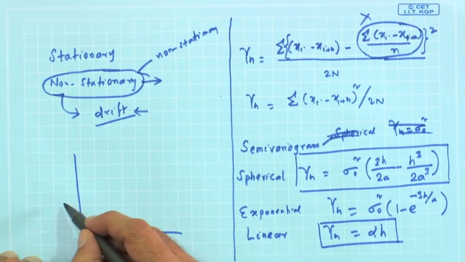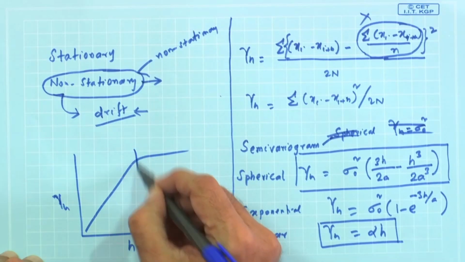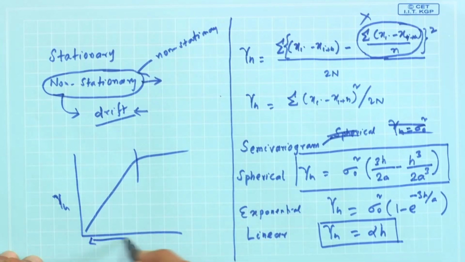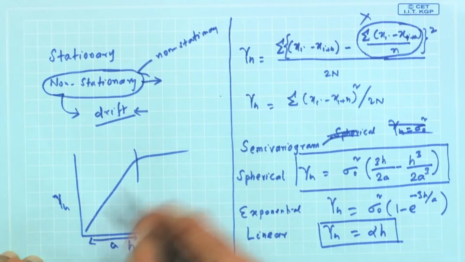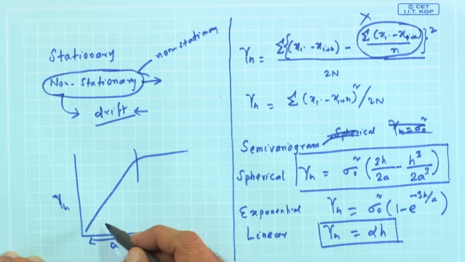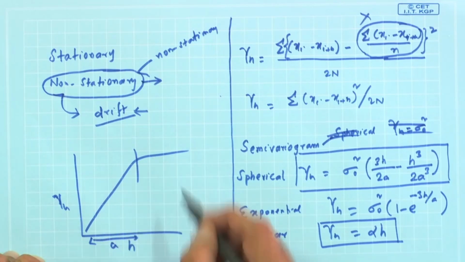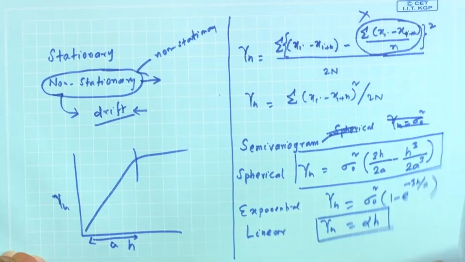If this is h and this is gamma h, for the part within a, we can think of it as behaving very much like a straight line, where gamma h could be computed given the value of h at any point within that spatial restriction.